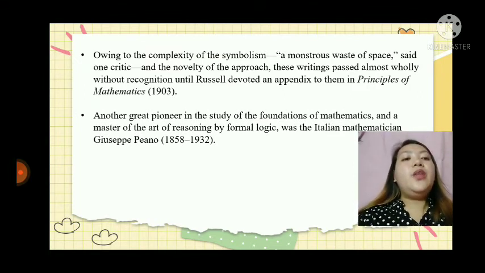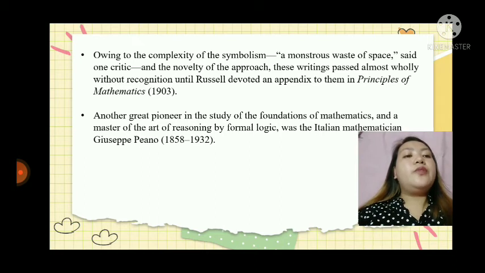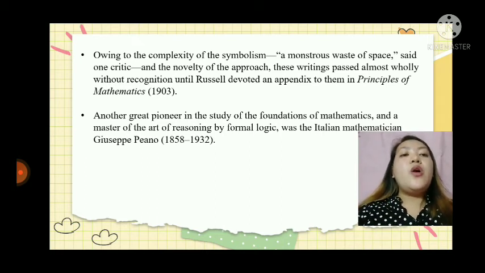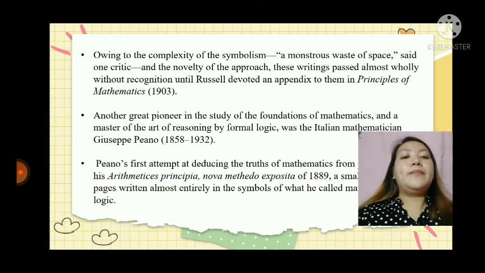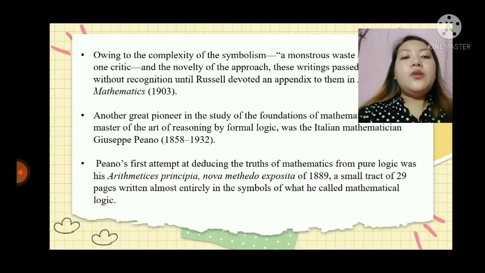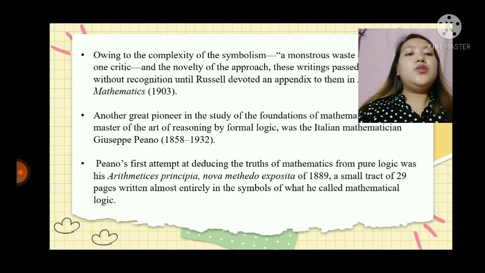Another great pioneer in the study of the foundations of mathematics and a master of the art of reasoning in formal logic was the Italian mathematician Giuseppe Peano. Peano's first attempt at deducing the truths of mathematics from pure logic was his Arithmetices Principia Nova Methodo Exposita of 1889, a small tract of 29 pages written almost entirely in the symbols of what he called mathematical logic.